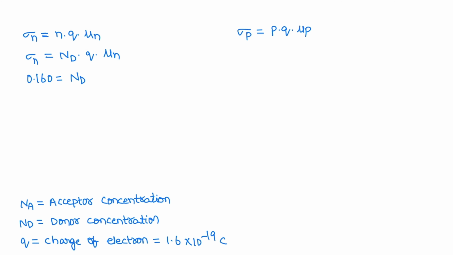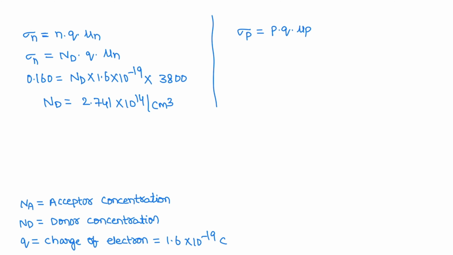Donor concentration, charge of electron is 1.6 into 10 power minus 19 coulomb, and the mobility of electron is 3800 centimeter square per volt second. Now we will get donor concentration Nd is 2.741 into 10 power 14 per centimeter cube.